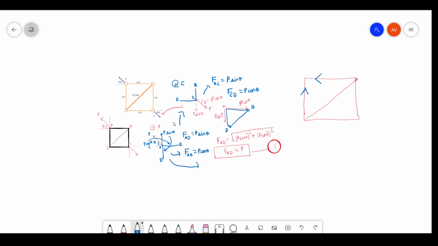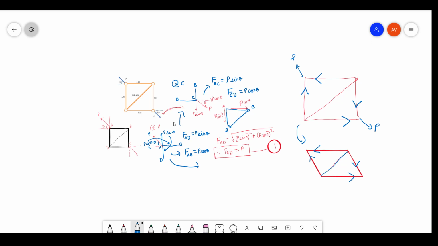Since it's a pull here, I am drawing how your force components act. This will deform like a diamond shape.